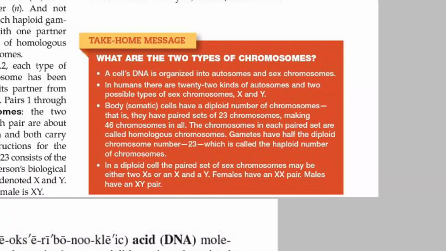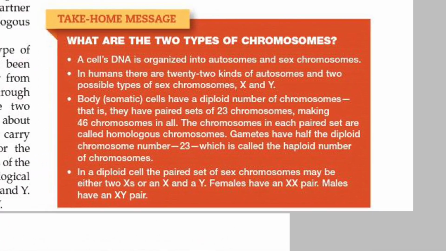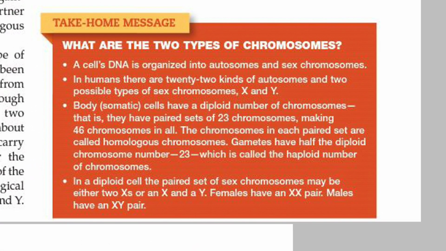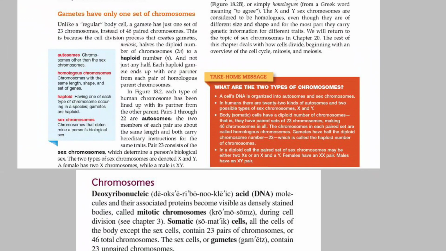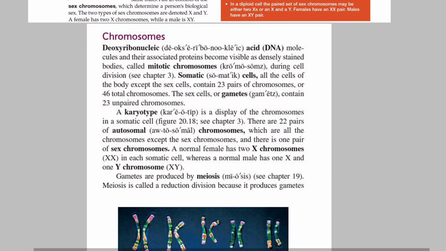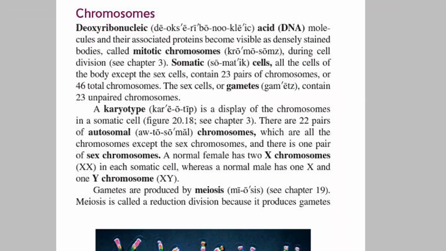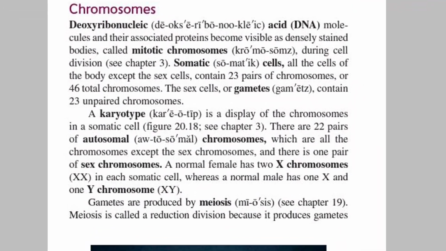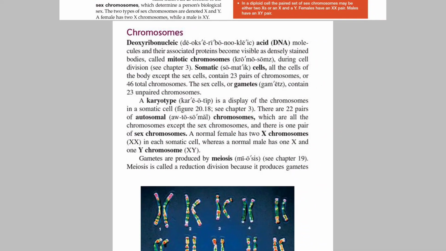This is the take home message, and this message is for you. You go through this, you prepare your notes. Some more take home message for you. All this detail you need to go through, and you need to prepare your notes.